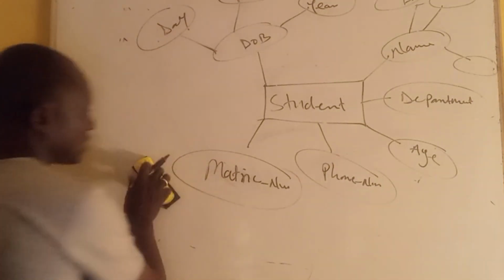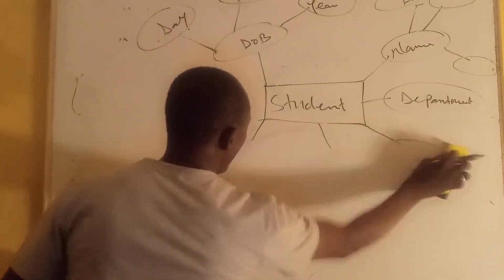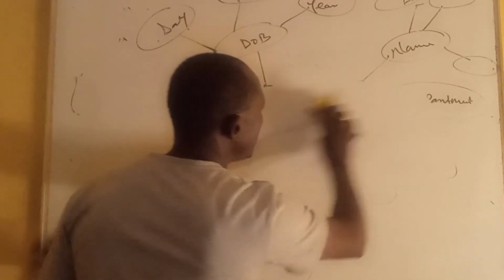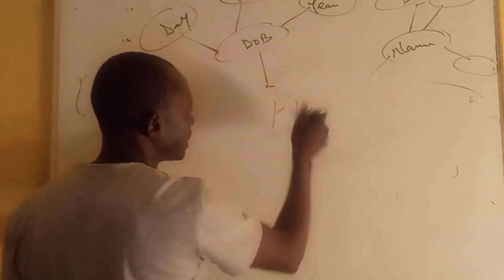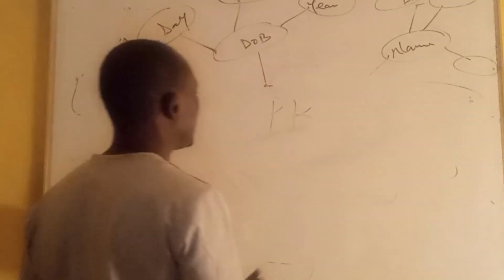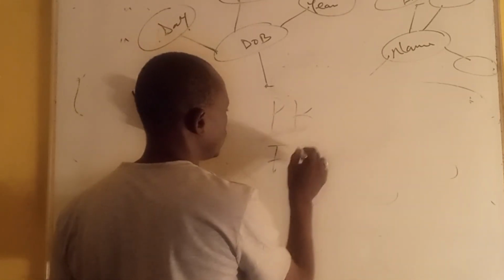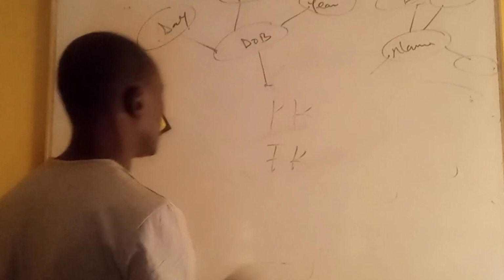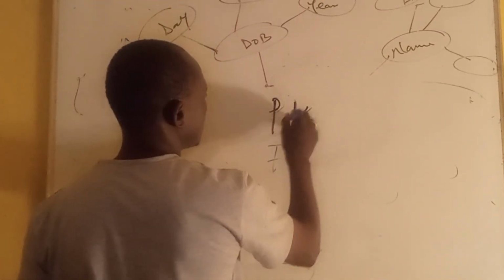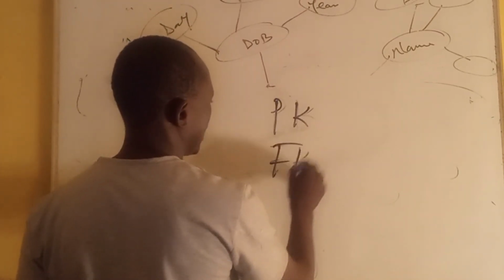In these keys, we must in one way or the other work with a primary key, which is denoted as PK, and then we have your foreign key, which is denoted as FK. Are we together? We have PK and we have FK.